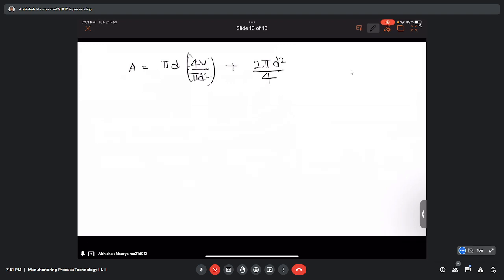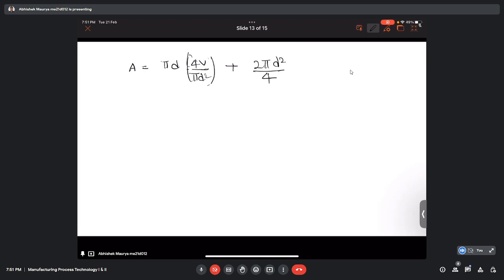And if we want the riser to solidify last, that is, we want the solidification time of the riser to be the maximum, then we have to minimize the surface area of the cylinder. Already we have calculated that the shrinkage volume is 520 centimeter cube. So the volume of the riser should be 520 centimeter cube.